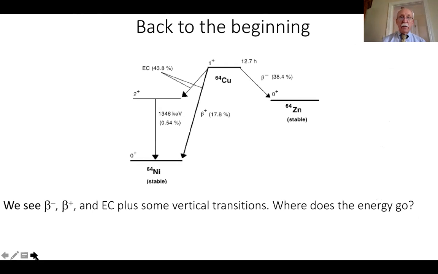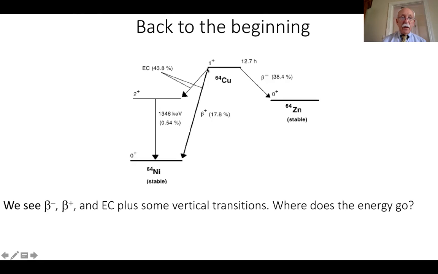So let's go back to the beginning and figure out some of the last things that have to be explained here. A couple things I noticed disappeared from my graph here. One is that this decay from the 1 plus state down has an electron capture component to it that's about 3 times more probable than the beta plus decay.